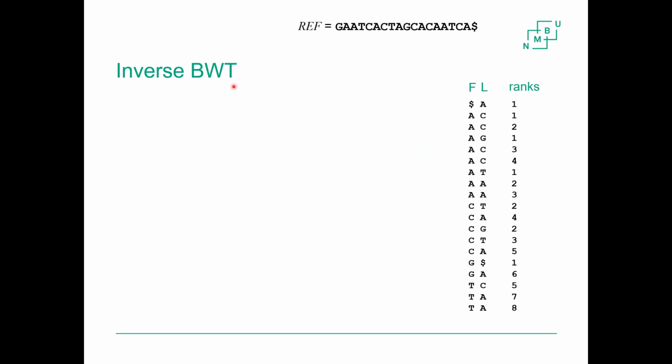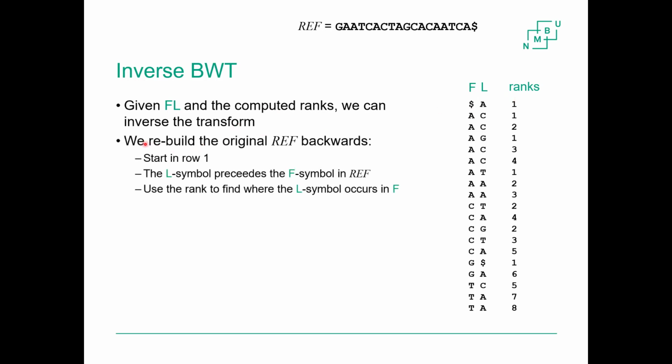The inverse Burroughs-Wheeler transform. Given this information here, the FL and the ranks, we can inverse the transform. And how can we do that? We can rebuild the original reference backwards from this information. It just shows that there is a simple relation between the original reference sequence and the sequence we have in this column now, even if it looks very different from the original one.